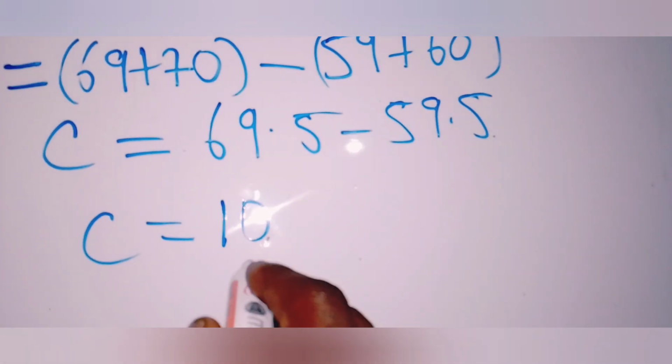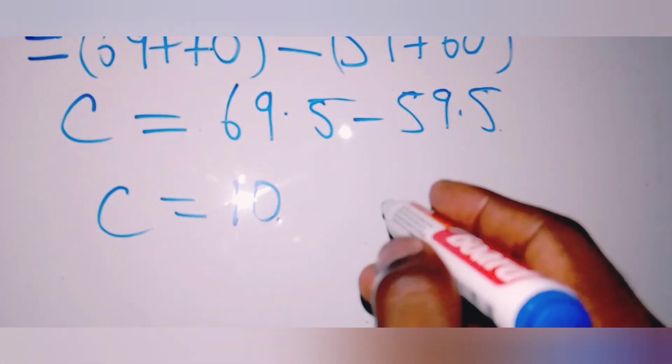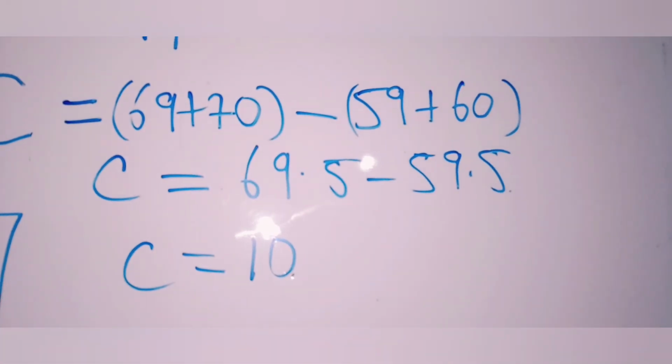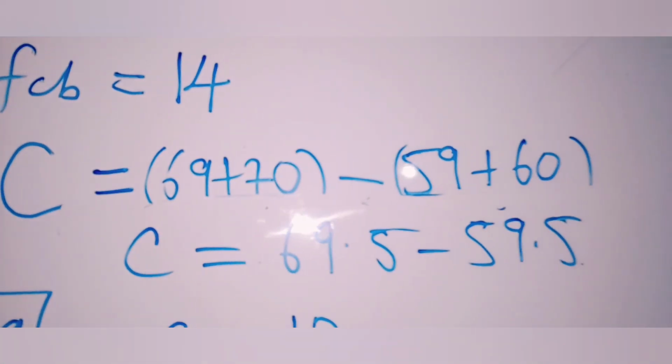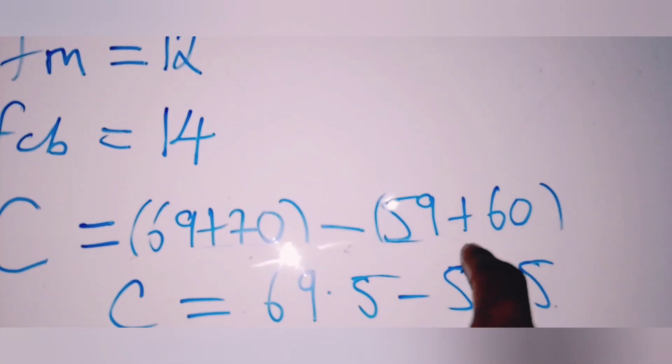Okay, so this is our C. So our C is 10. Oh, sorry, I forgot this. We have to divide by 2.